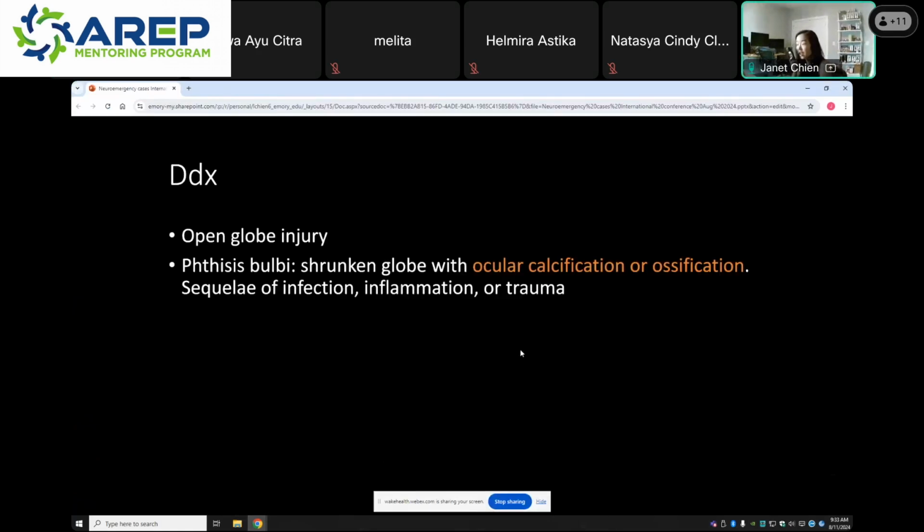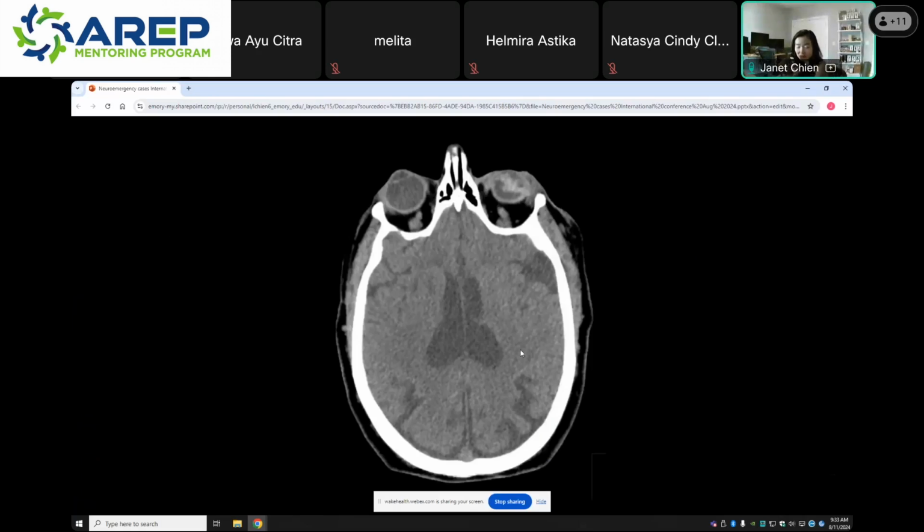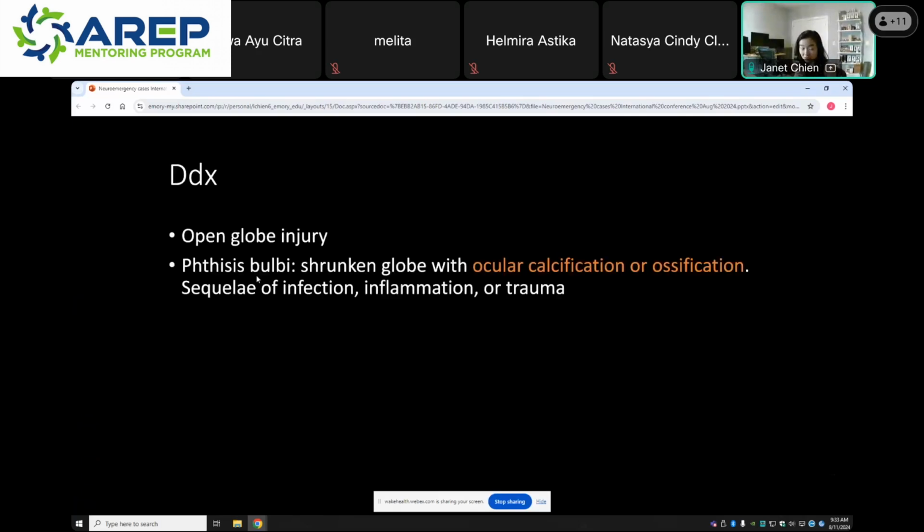So, I missed this case when I was a resident. I did say that there's abnormal contour and hyperdensity in the left globe, but I miscalled it as phthisis bulbi because I didn't see much periorbital trauma. There wasn't much periorbital soft tissue swelling. There wasn't an orbital fracture.